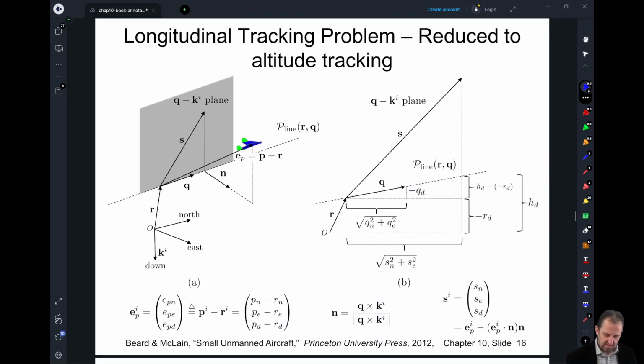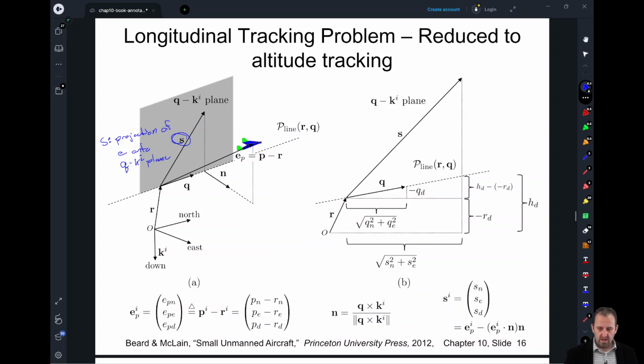So we have S. Oh, let me find my pen. S right here. S is the projection of E onto the QKI plane. So the plane that's formed by the vector Q and the vertical component of the inertial frame.